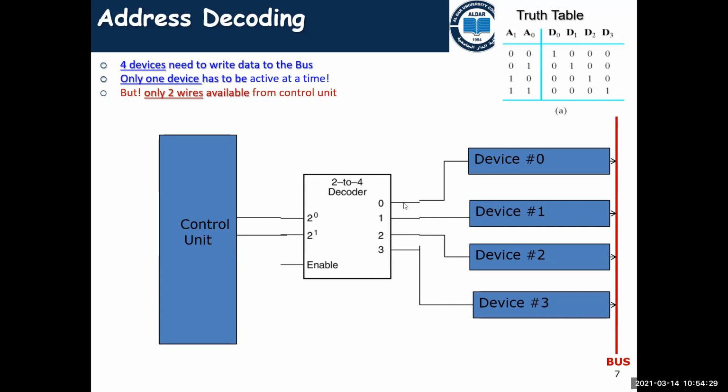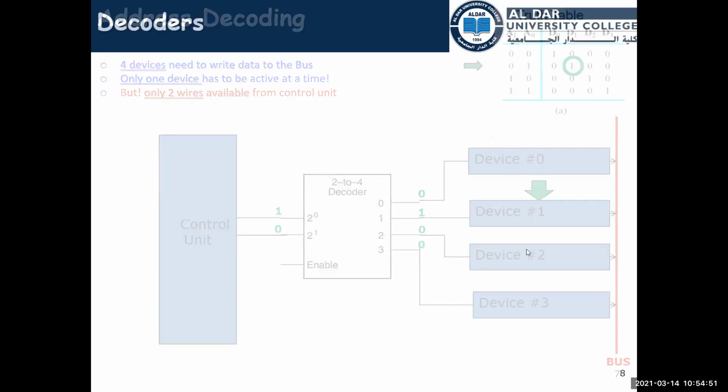Okay, this is the main concept of the decoder. So it is just described this way. We have D1 active at the time because we have 01, so 0100. So this device will be active and it will write on the bus and so on.